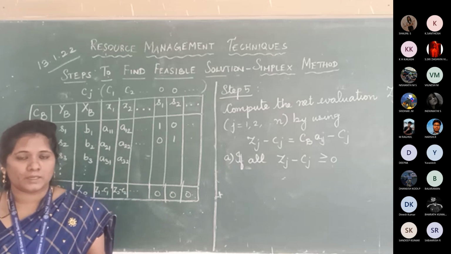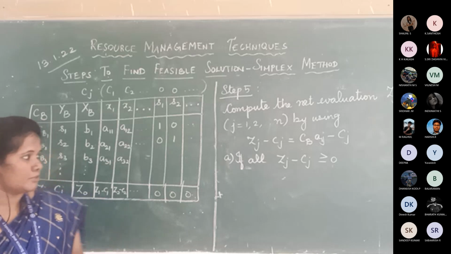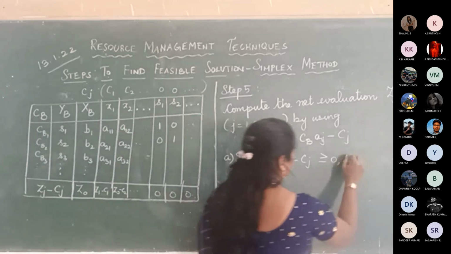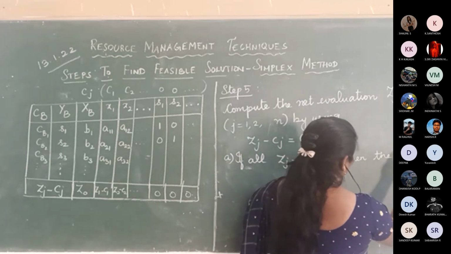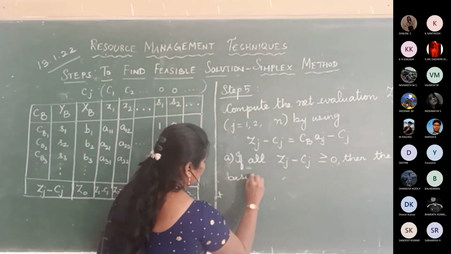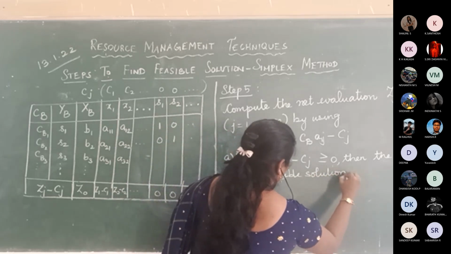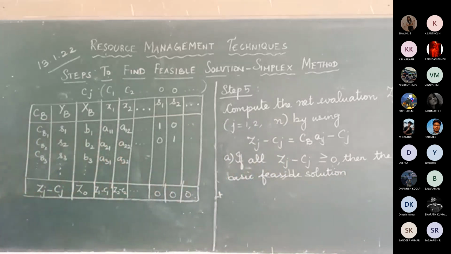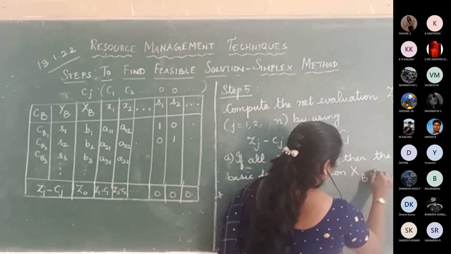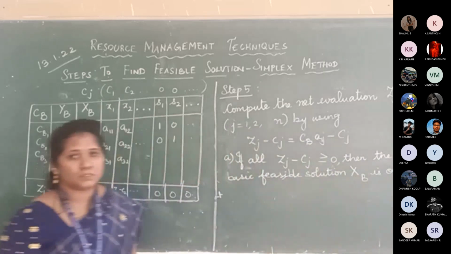But if you get negative values, then the problem starts again. If all are greater than or equal to 0, then the current basic feasible solution XB is optimal. With this, the problem itself will be solved.